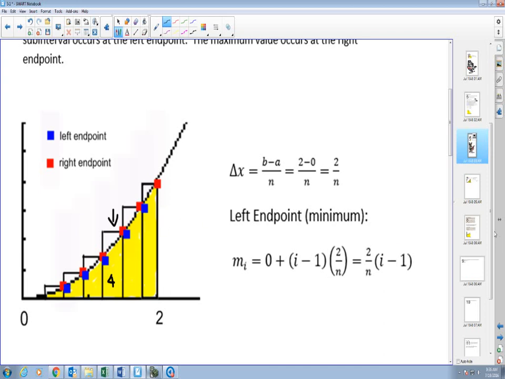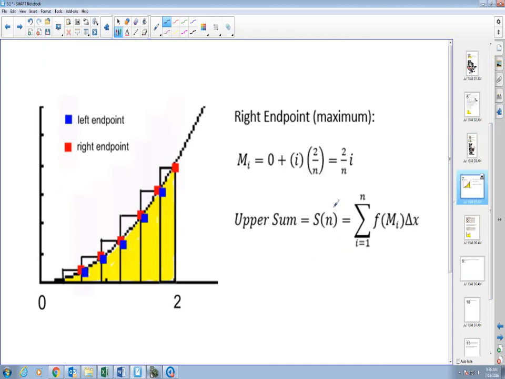It's one way to think about it. So m_i, the maximum, the right endpoint, will be 0 plus i intervals times delta x, 2 over n. So that will be 2 over n times i.